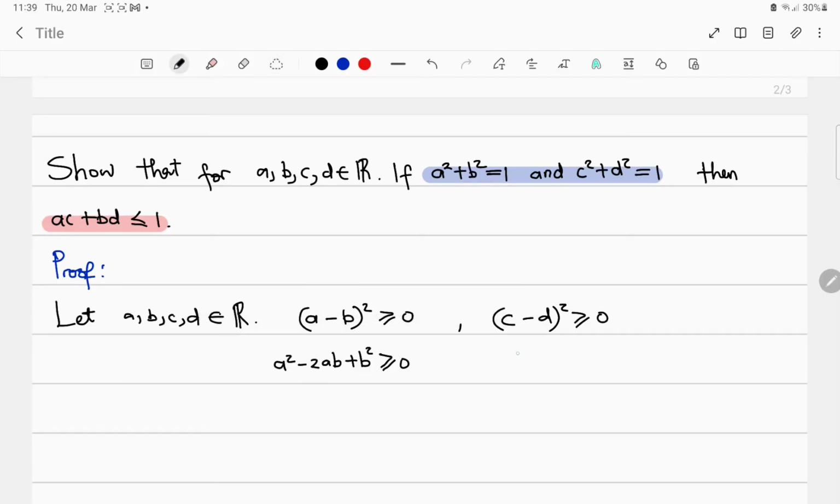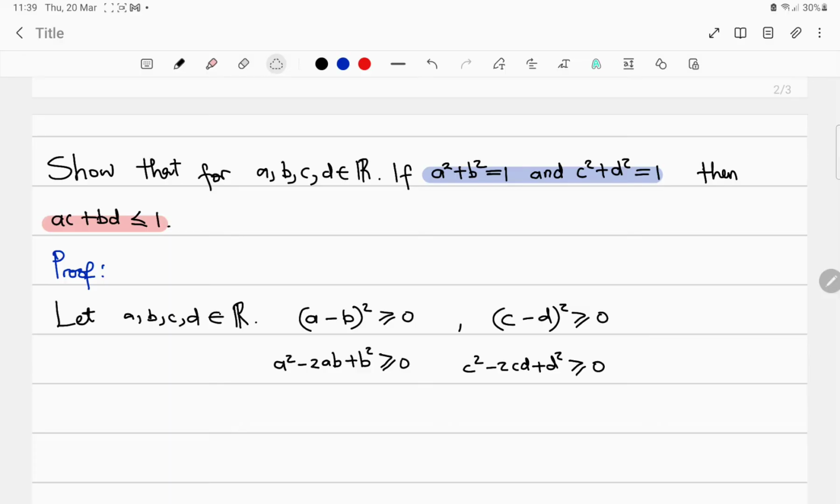And for this one, we get C squared minus 2CD plus D squared is greater than or equal to 0. These are the two which you get.